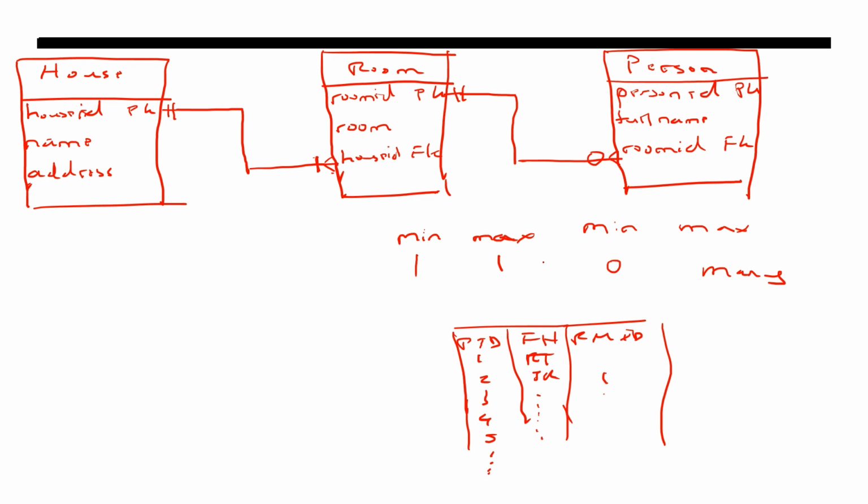But if you decide that a person should automatically have a room, is then forced to have a room, then you might have to use a not null constraint.